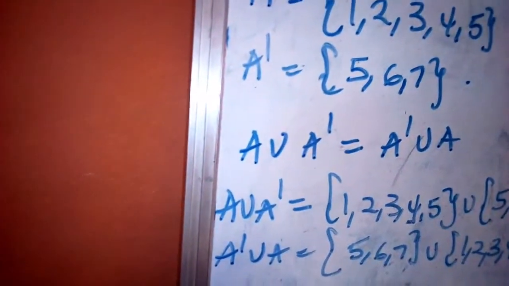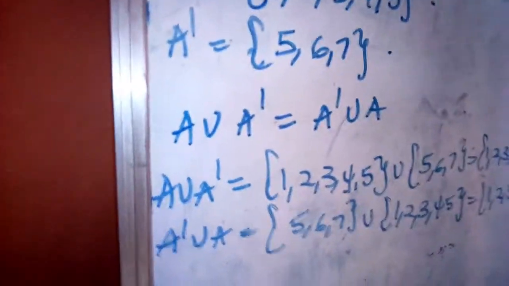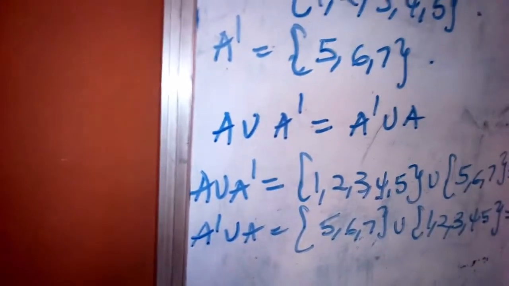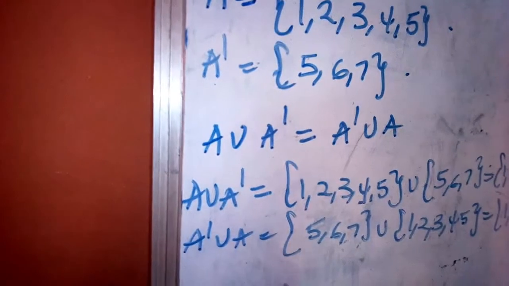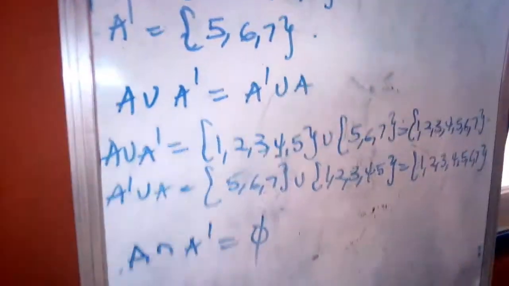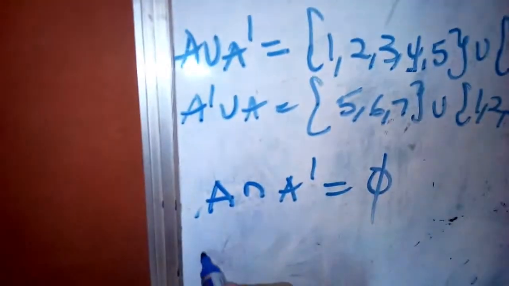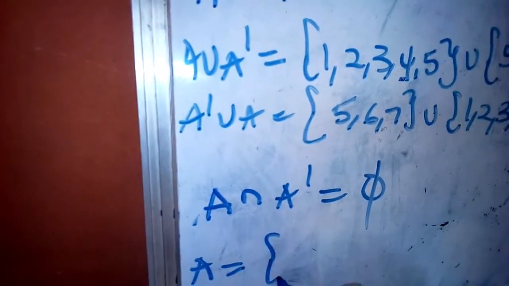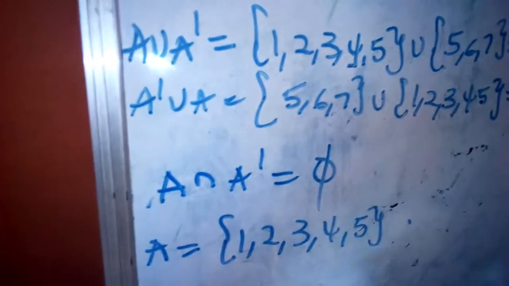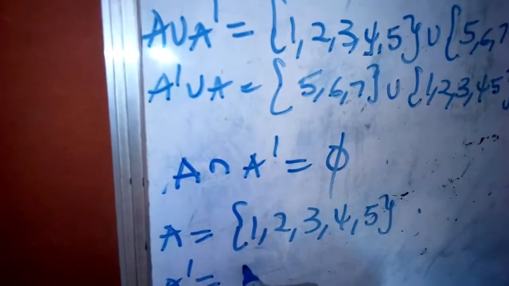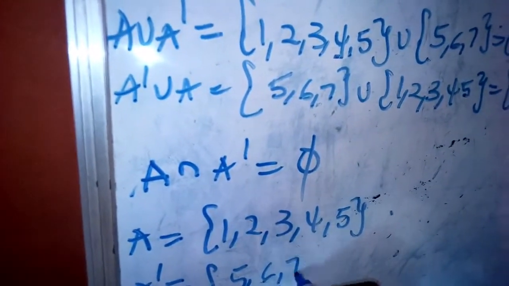We said that A equals 1, 2, 3, 4, 5. And our A prime equals what? 5, 6, 7.